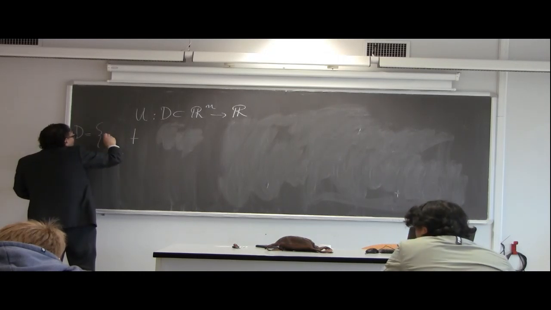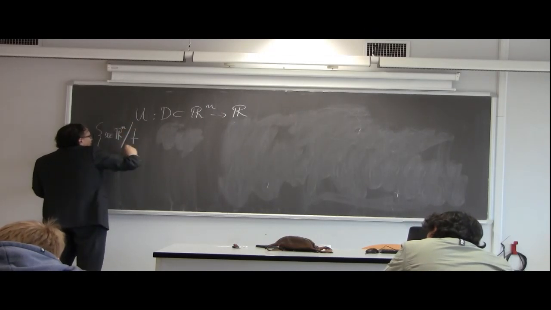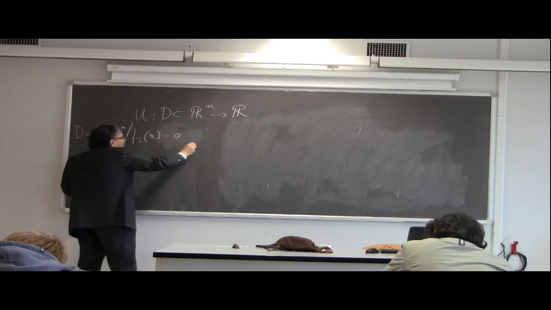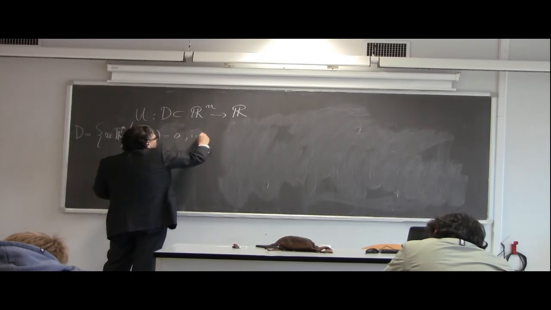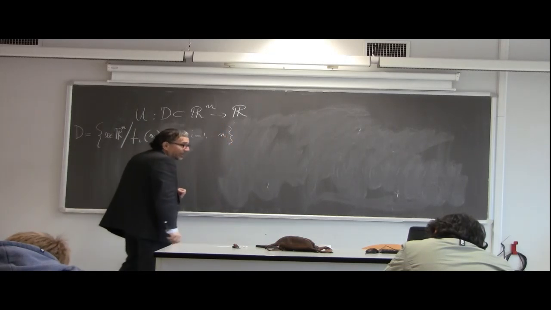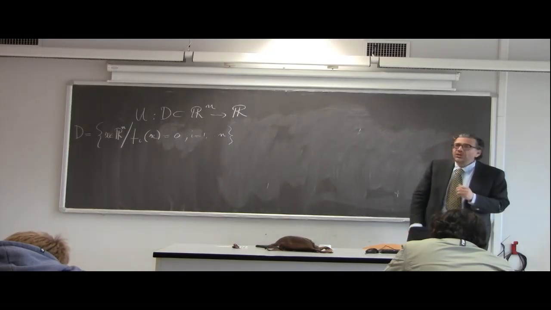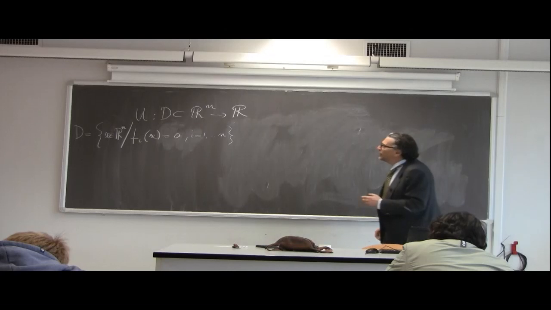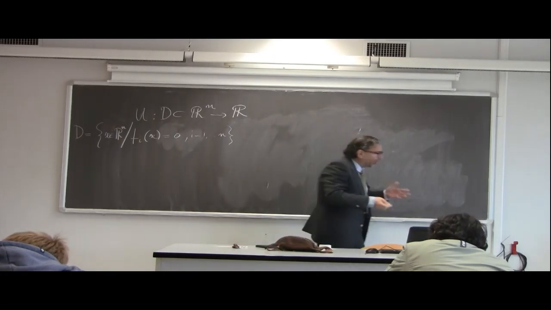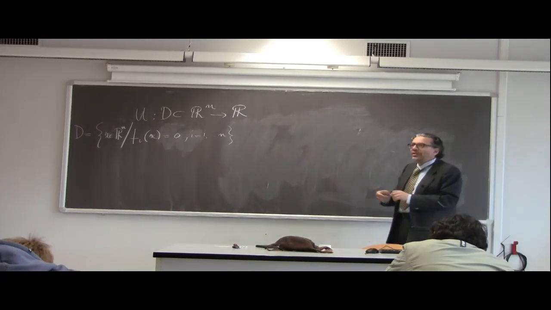D is equal to the set of x belonging to Rn such that f_i of x equals 0, i equal 1 to k. We discussed yesterday that we do not want to define D as an open subset or a compact subset with non-empty interior in Rn.